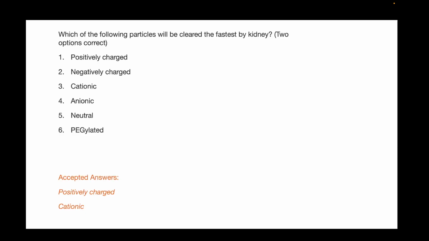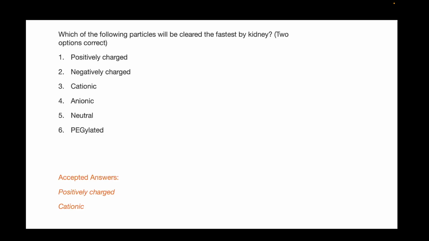So the kidney has this glomerular basement membrane, which is basically negatively charged. So the anionic, negatively charged particles will be repelled, and the neutral particles will be slightly affected, but the positively charged and the cationic particles will interact with this negatively charged membrane and get cleared out fastest by the kidney.